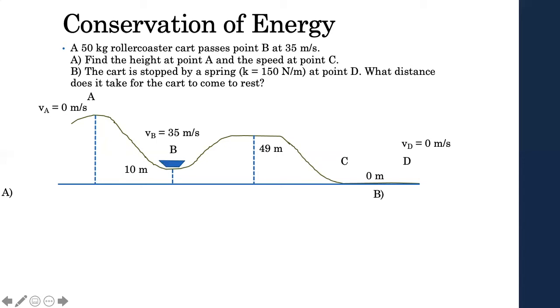And I tell you that at point A, the cart's not moving. So all of its energy is stored in gravitational potential energy, part of which is converted into kinetic energy, because at point B, it's moving 35 meters per second. But bear in mind that at point B, it's also elevated 10 meters. It hasn't dropped to 0. So you have both gravitational potential energy and kinetic energy.